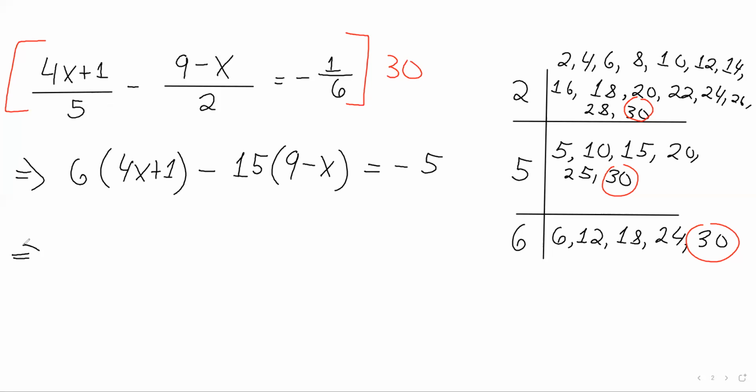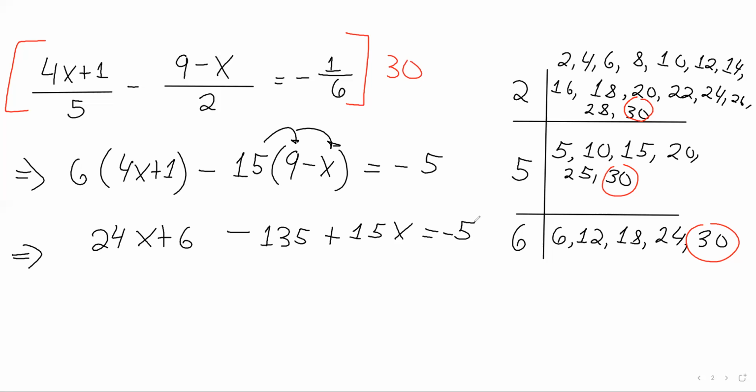So anyways, distribute. This gives 24x plus 6 minus 15 times 9 is 135. And then I have plus 15x equals negative 5. Combine like terms. I have a positive 6 and a negative 135.